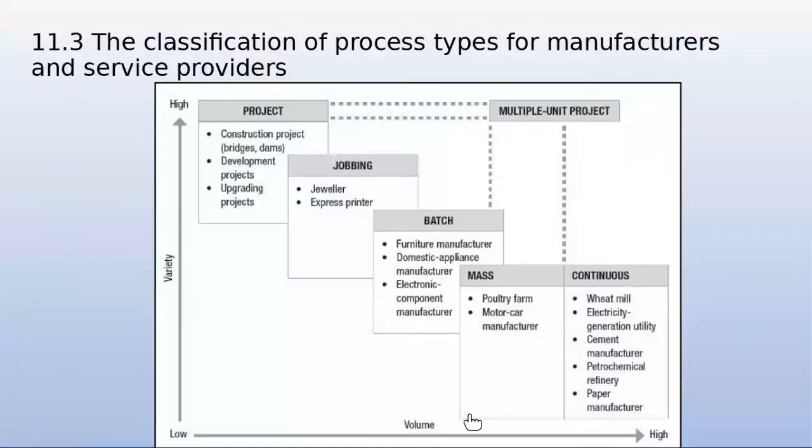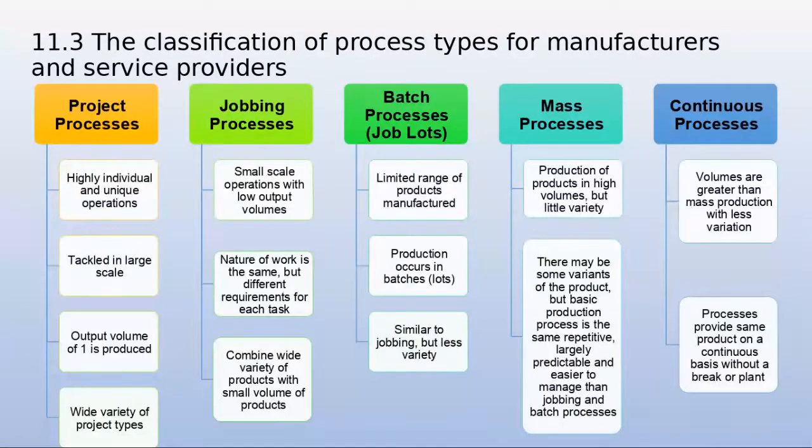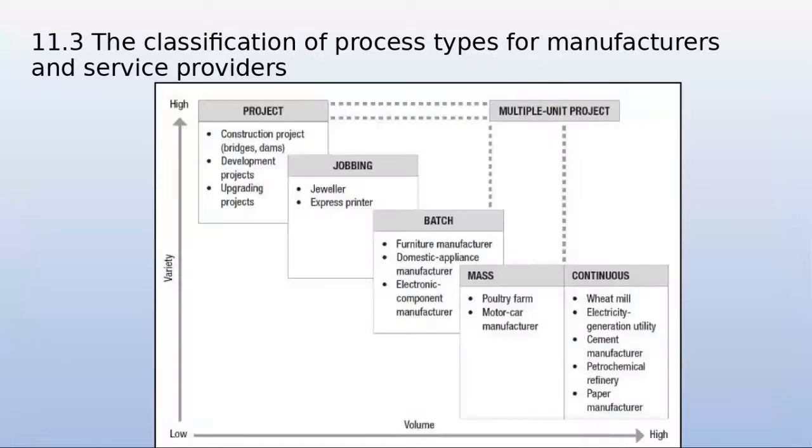I'm going to use this model to explain it to you, but I have also broken it down for you to explain every single process in a little more detail. That is also part of the slides, but I'm going to use this diagram because it shows it a little better.